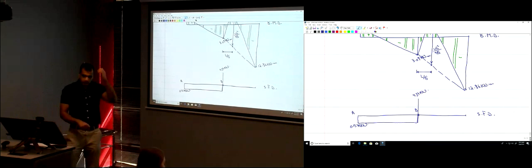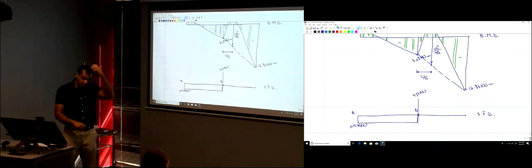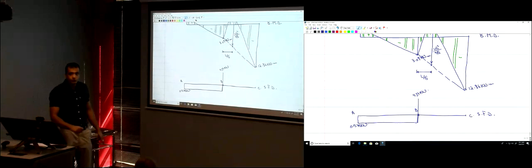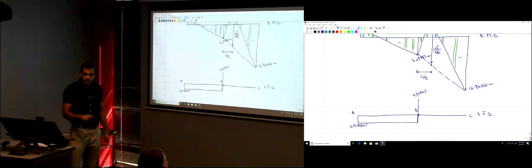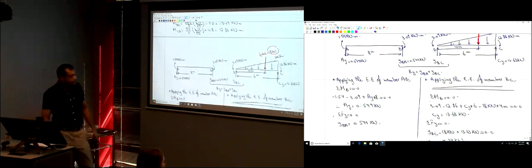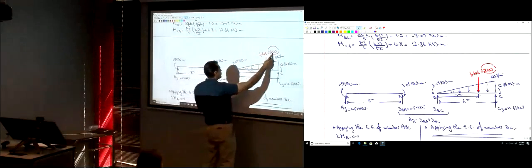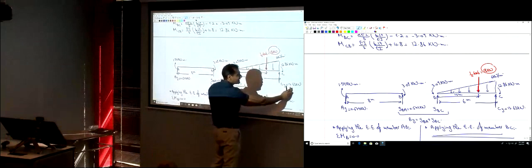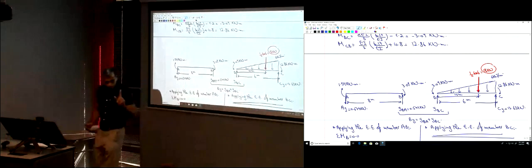And then the shear is going to change, right? Because you have a triangular load. Over the length from B to C, how much is the shear going to decrease? It's going to decrease by 18. From 4.37, you're going to go down by 18. So you're going to turn out to be negative 13.63.